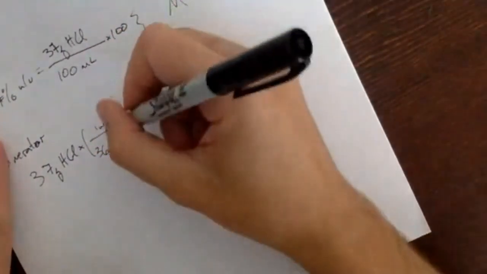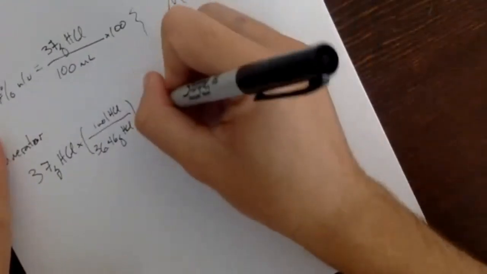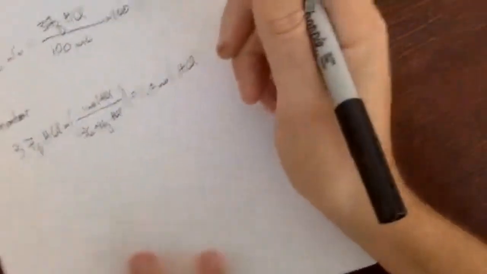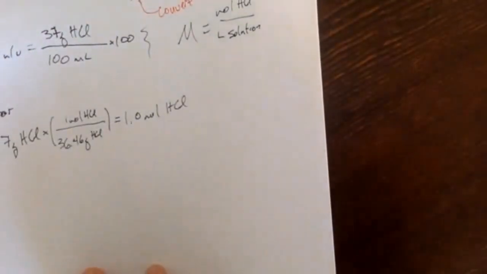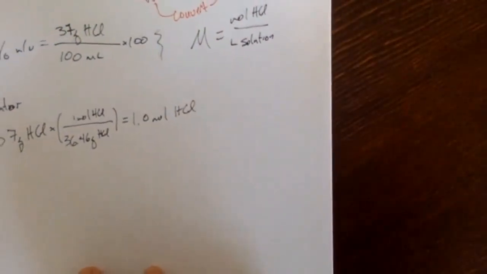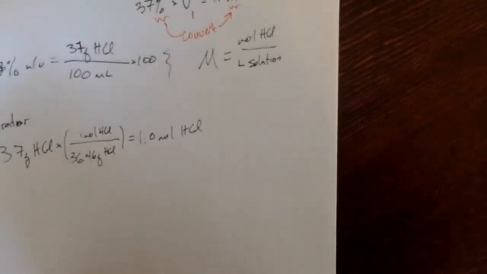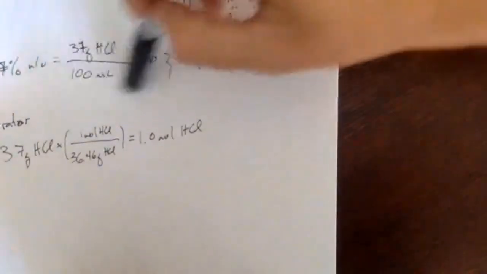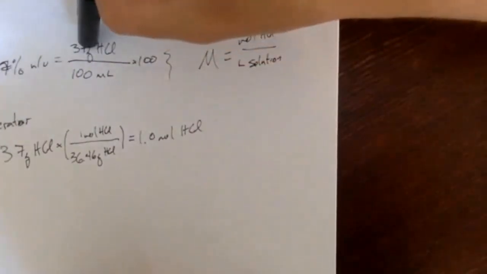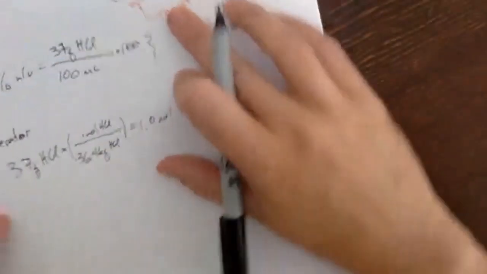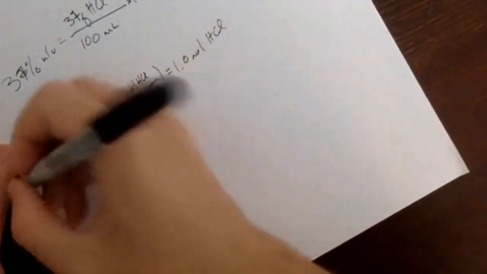And that comes out to, when we round to sig figs, 1.0 moles of HCl. So I took that amount of solute and just changed the units into moles. Now I'm going to take the denominator.